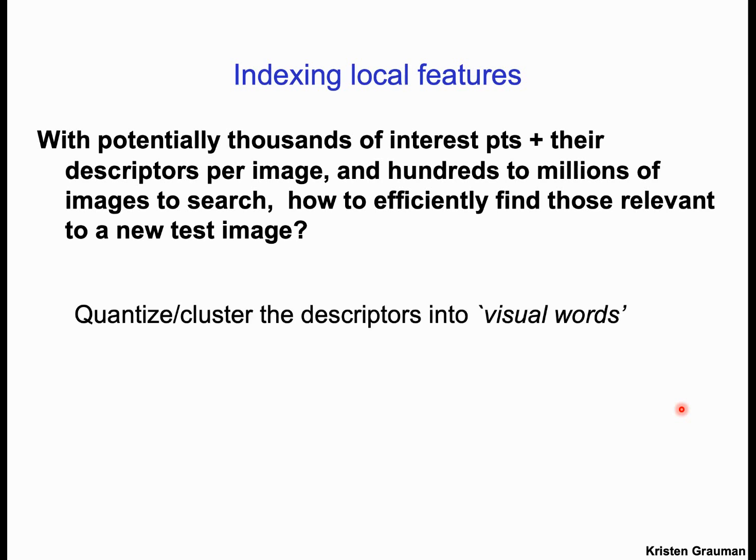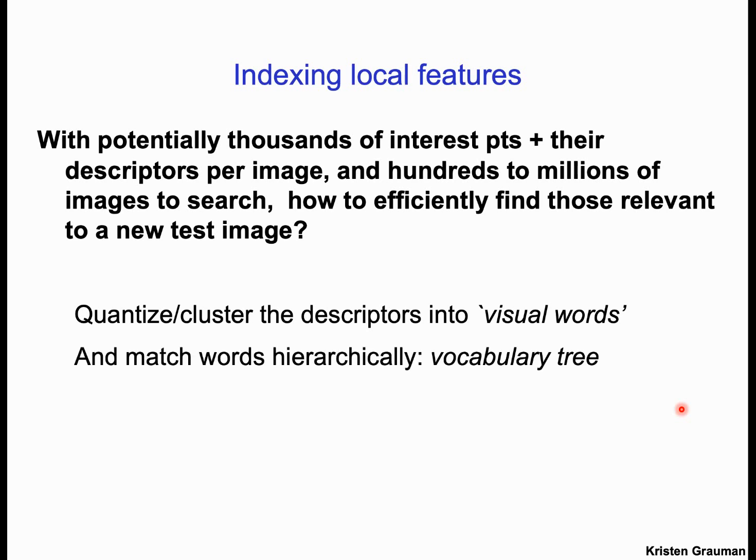First, we will quantize or create clusters of descriptors, and we will call them the visual words. Second, we will create a vocabulary tree to match words in a hierarchical manner to make it really fast. And lastly, we will use an inverted file indexing scheme that will allow us to do matching really efficiently. So let's see each of these concepts one by one.